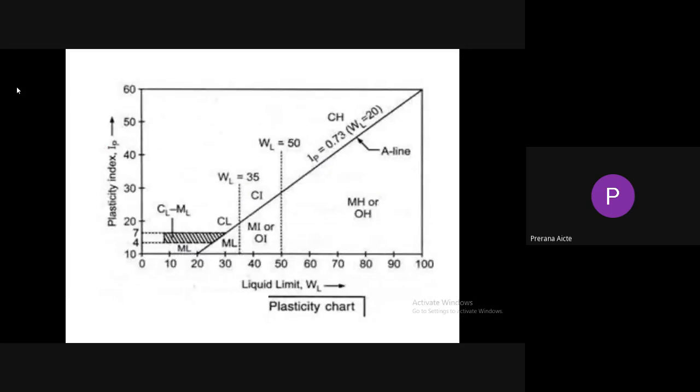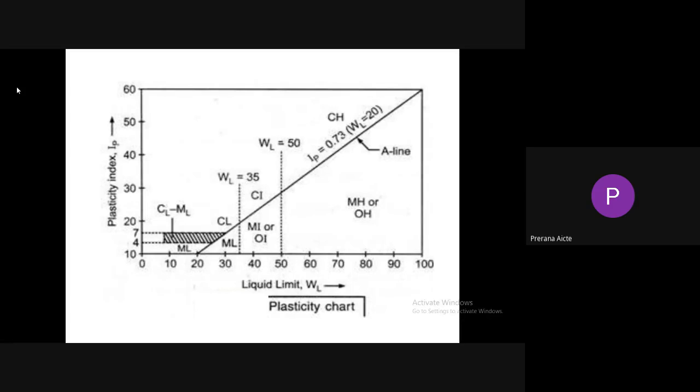Arthur Casagrande has given the plasticity chart to classify fine grained soil. In the plasticity chart, the chart is drawn between plasticity index and liquid limit.